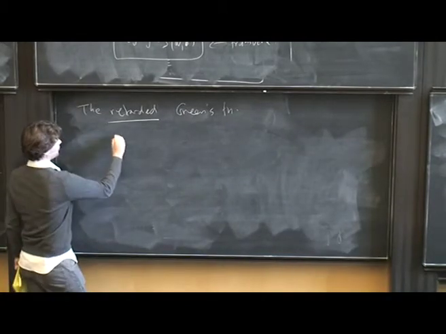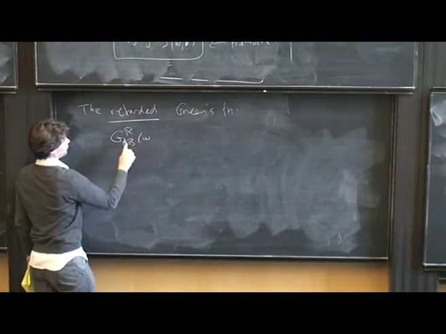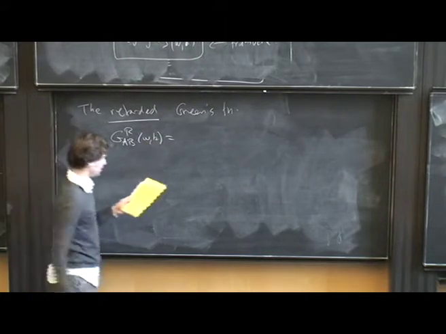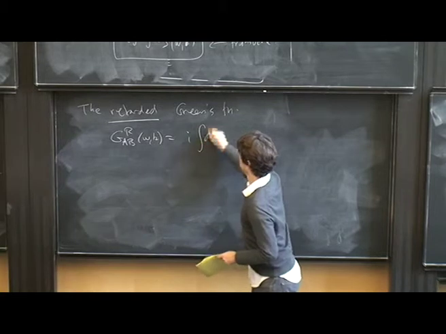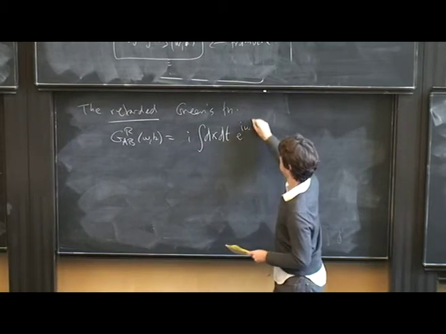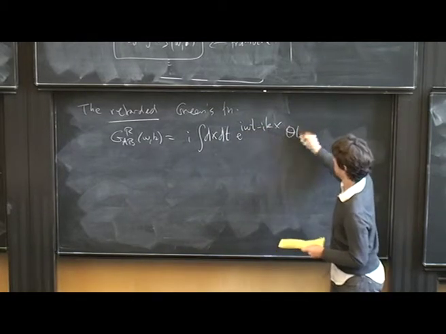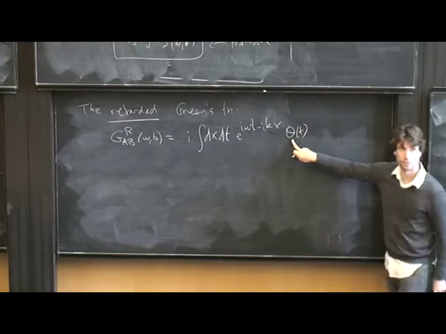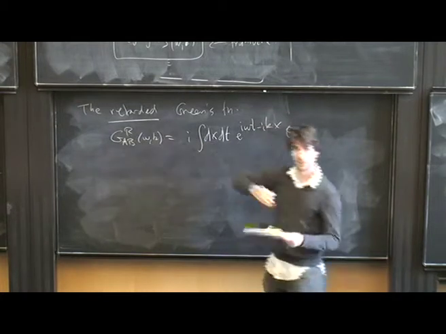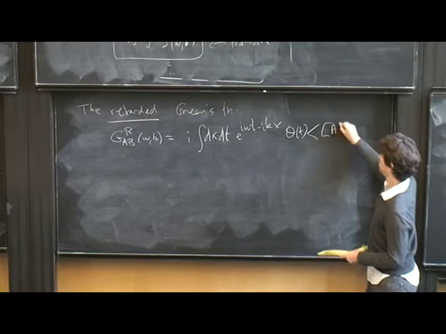Let me just remind you: the retarded Green's function of two operators A and B, as a function of omega and k, is equal to the Fourier transform over x and t, and then theta of t. This is the step function. So the time integral goes from 0 to infinity. That's why it's a retarded Green's function. You always go forward in time. And then it's the commutator of the two operators.